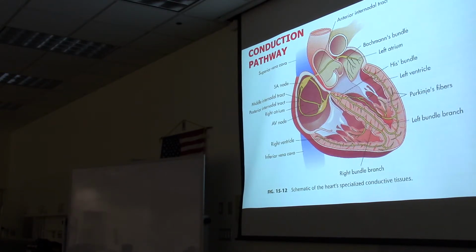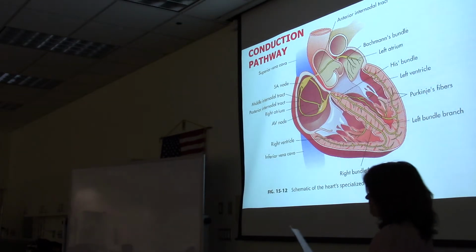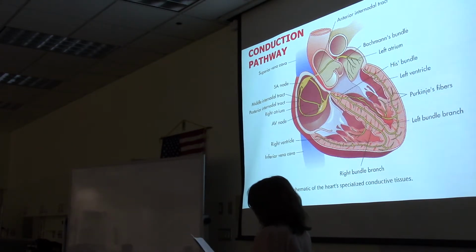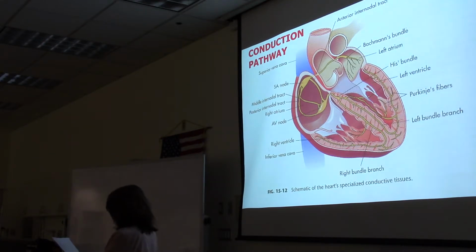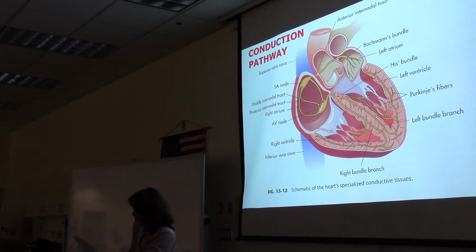All right, so the conduction pathway is made up of, you can write down what it's made up of. These are nerve cells that travel through the heart and stimulate muscle cells to contract.